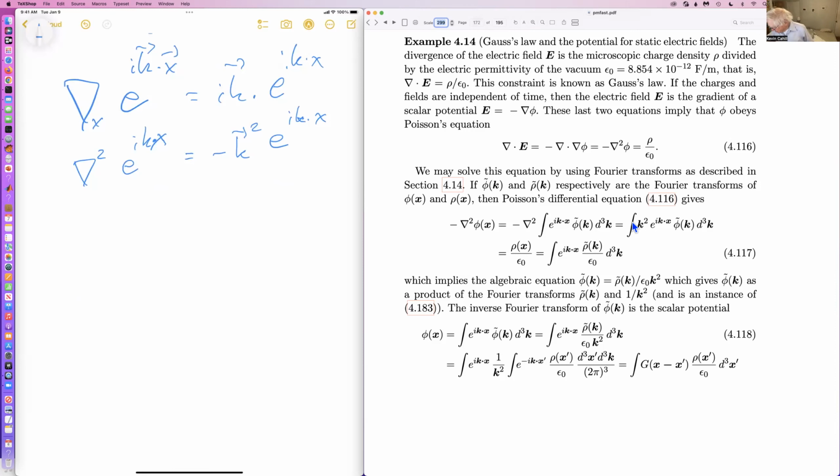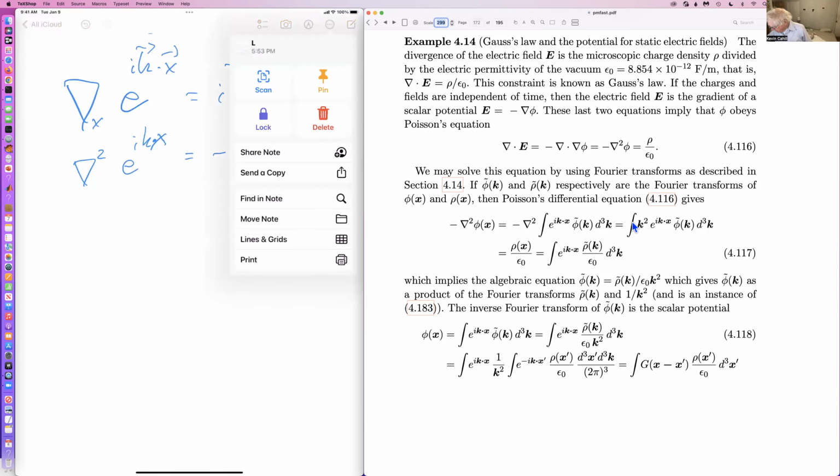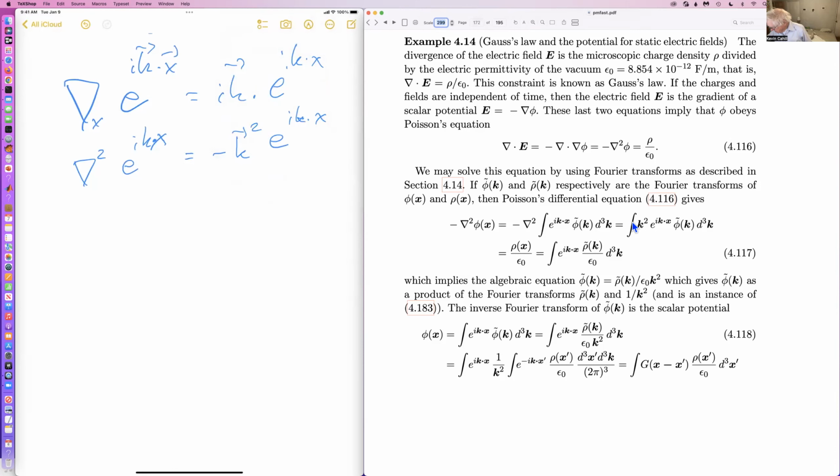Let me maybe switch colors, so maybe I'll switch to red. Okay. And so that gets us to here. On the other hand, Gauss's law says that's rho of x over the electric permittivity, and consequently we write rho in terms of its Fourier transform, which we call rho tilde.